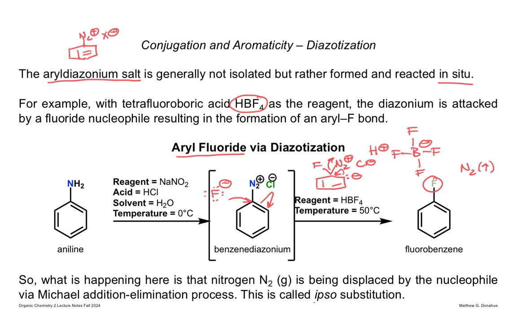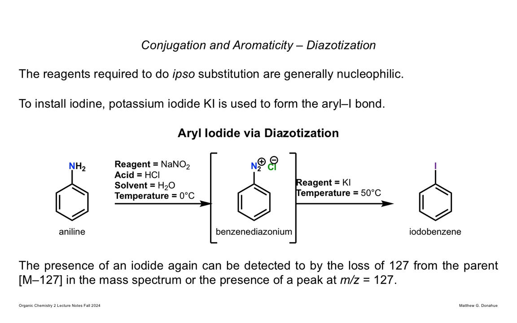This process is called ipso, which I believe means same. So it's ipso substitution where the amino group is substituted for the fluorine in this case. So the reagents required to do ipso substitution are generally nucleophilic.